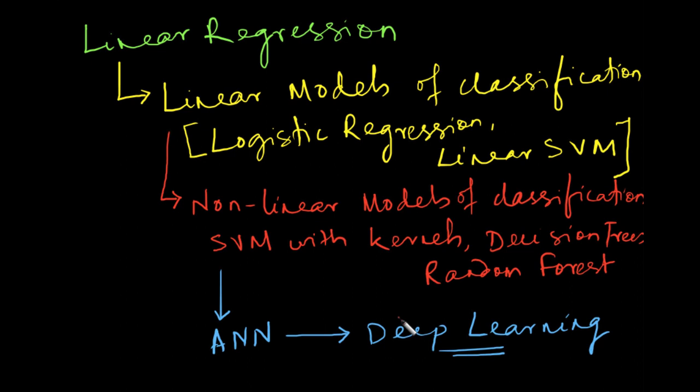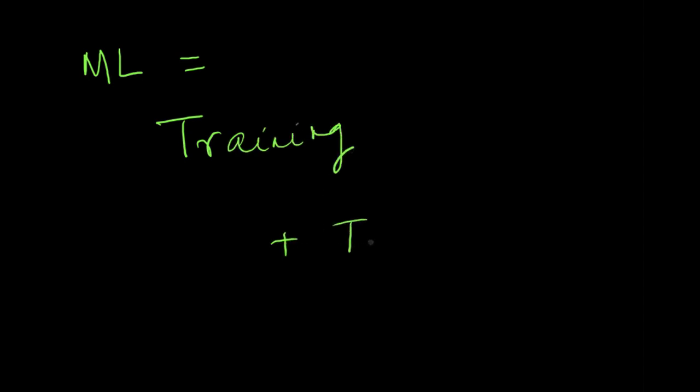So when we say learning, as you know very well by now, it mainly comprises two steps. Machine learning is equal to training plus testing. So what is training? You have some data that is labeled. You have some set of inputs, you have some set of outputs, and you try to find the functional relationship between the input and the output.